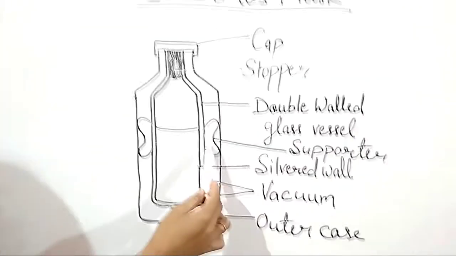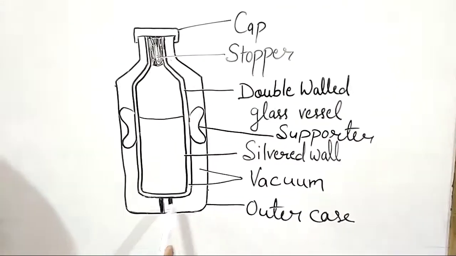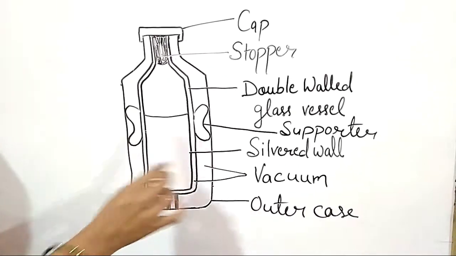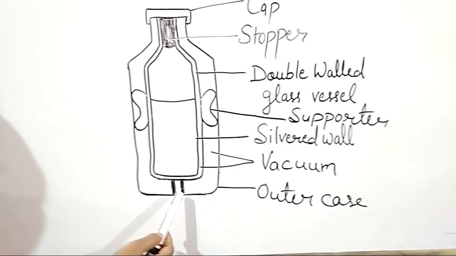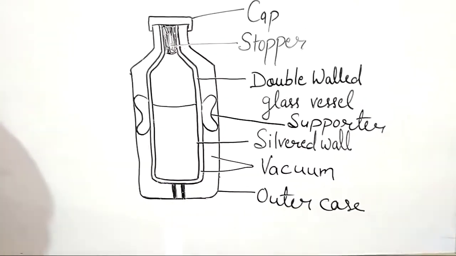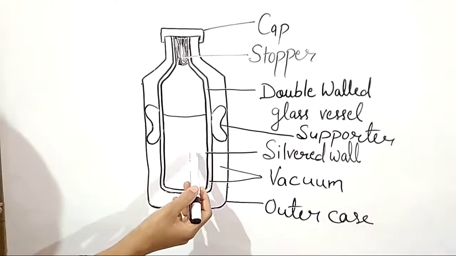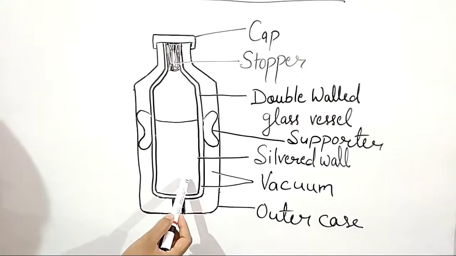After that, these three figures you can see here, these are called supporters. Actually, these are made up of plastic. They can be made up of plastic or cork. Cork is a type of wood. So they are used to keep the glass vessel fixed at its place.